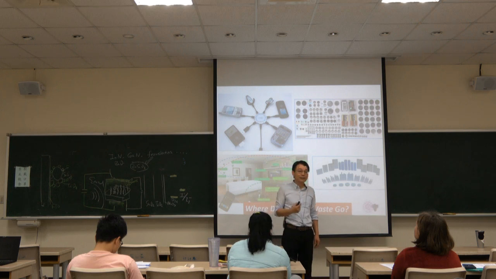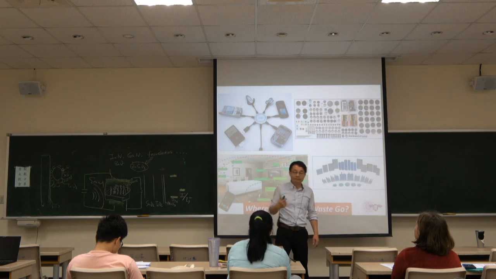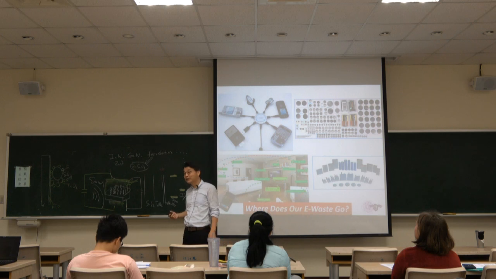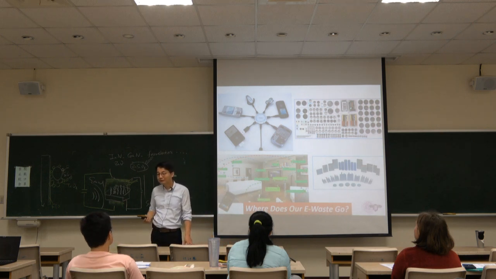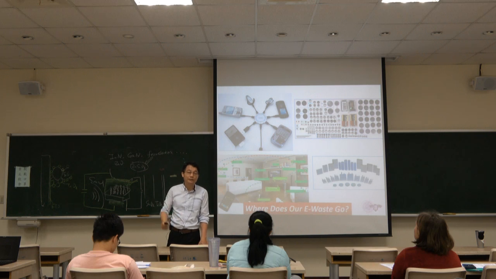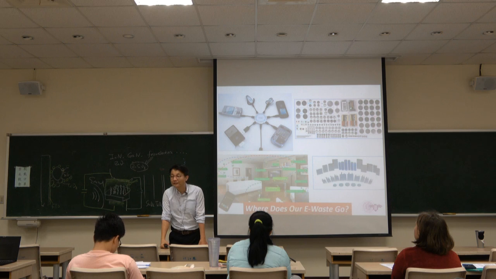If the cost of recycling is much higher, nobody wants to do it because you have no money to get. So recycling becomes an issue. And for the non-recycled, what to do? You just throw it away, right? If you throw it away, you pollute the soil, you pollute the water. Drinking water is also very important.